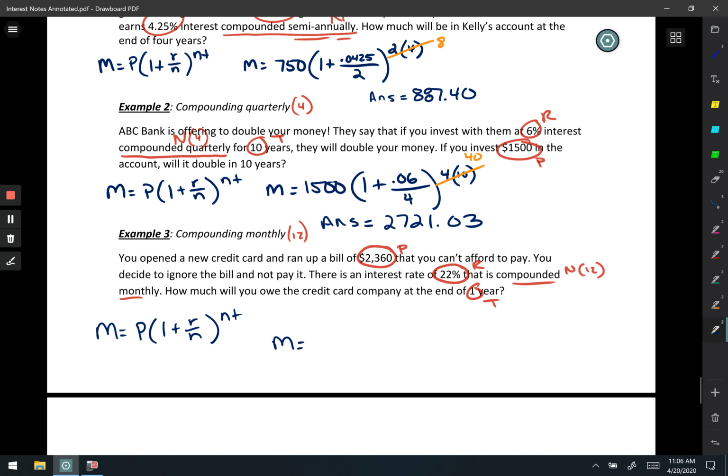Our P again was 2,360. Parenthesis, 0.22 over N, which is going to be 12 because it's compounding monthly. Our NT up here is going to be 12 times 1. I'm just going to simplify that. 12 times 1 is 12.